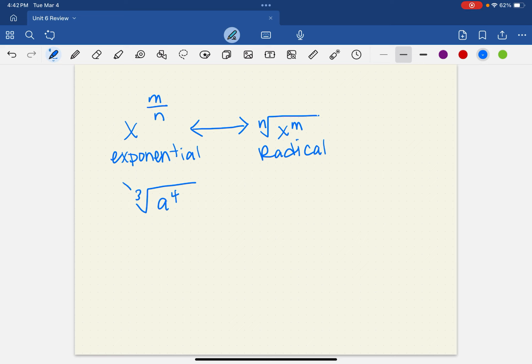So remember, index is your denominator. Exponent is your numerator. So a to the power of 4 over 3. And that would be my final answer.